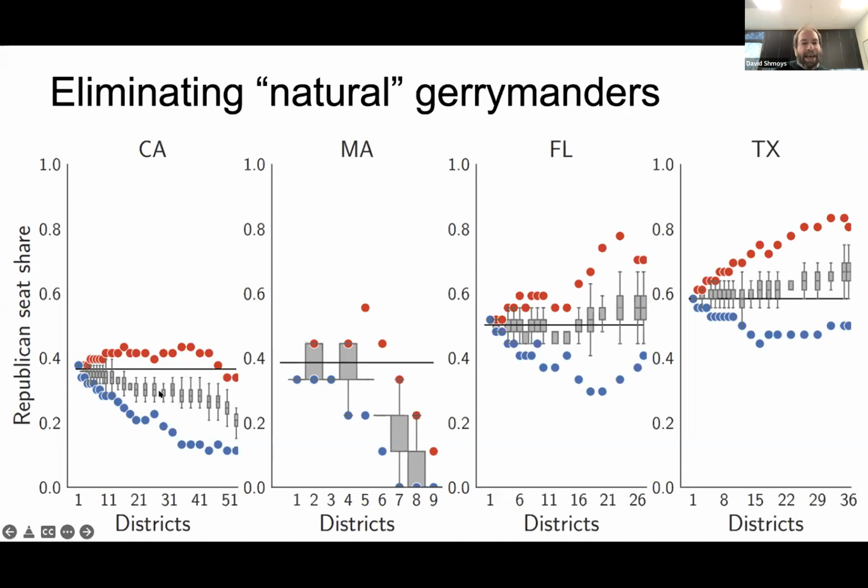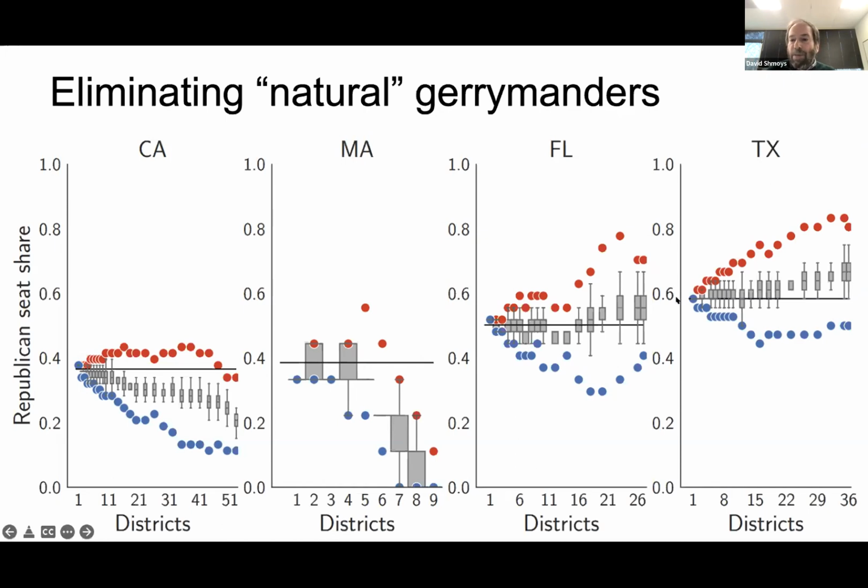California is a case in point the other way. In spite of the fact that it has an independent commission, the map is skewing very much in the other direction. And of course, Texas is an extreme case in the other sense, and there are already court cases in the works over the new proposed Texas map.